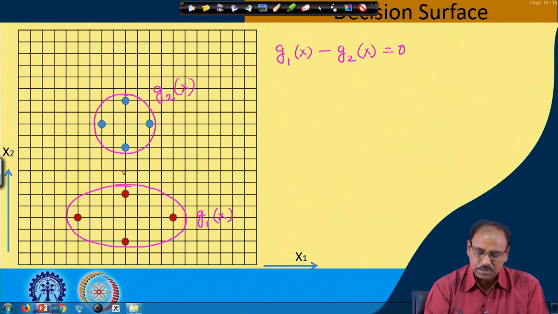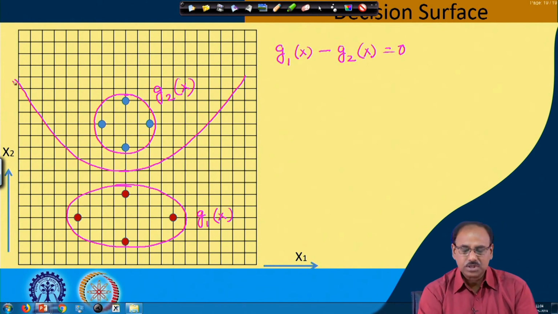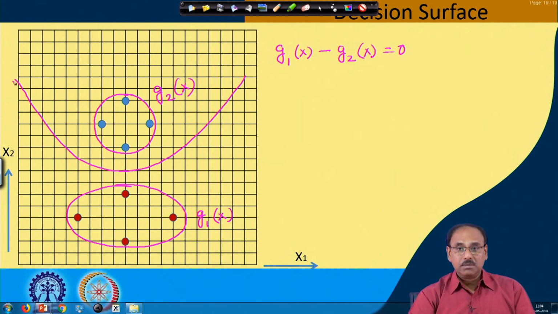And if you plot the decision boundary, you will find that it has a shape something like this, which is not a linear decision boundary anymore, as we obtained earlier, but a nonlinear or quadratic decision boundary.